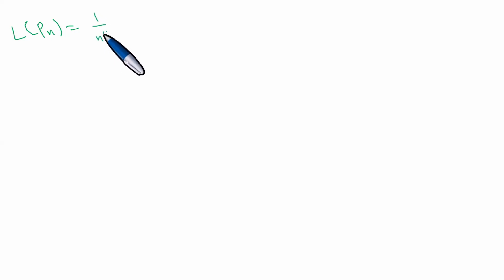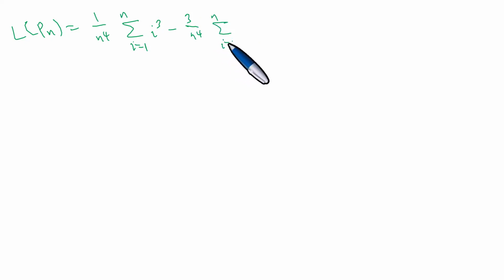So what it is exactly: 1 over n to the fourth power, the summation, 1 to n of I cubed, plus 3 over n to the fourth power, the summation of I squared. So you need to know the sum of the cubes, the sum of the squares, and also the sum of the natural numbers.